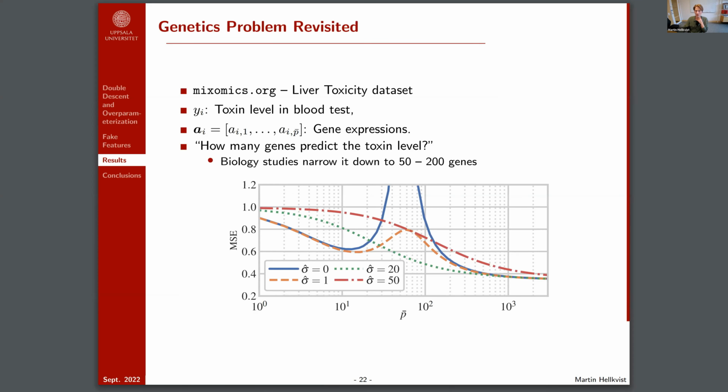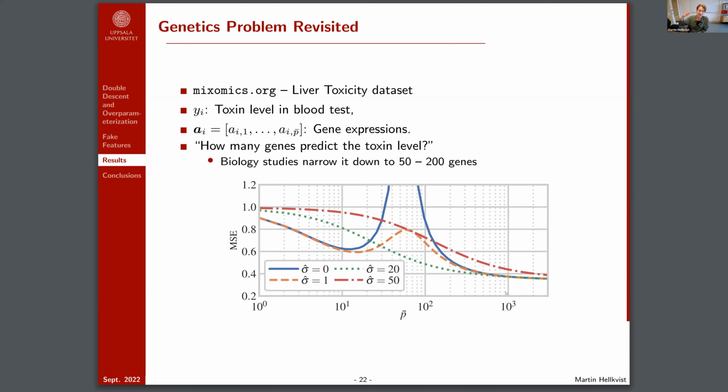So let's now revisit this genetics problem and see what was happening there. And as I said earlier, about 50 to 200 genes should be enough to predict the output. And as our experiment suggested, we should choose much more than that and have a large excess of genes in comparison to these 50 or 200 genes.